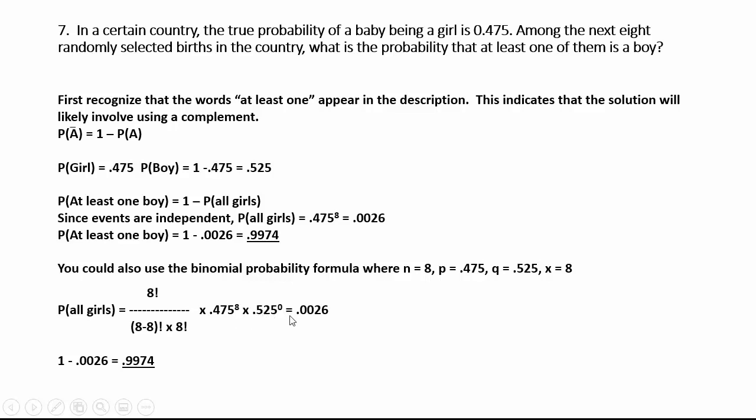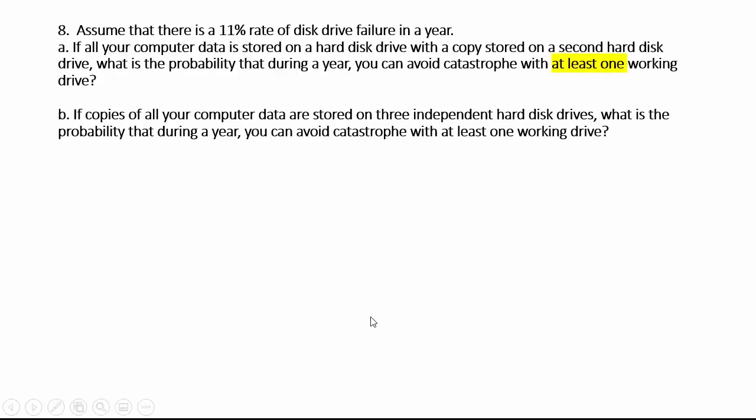If you multiply that out, you get 0.0026. So either way, when we subtract out that 0.0026, we get 0.9974. So that's just showing you two ways how the binomial works. And with that binomial formula, just remember that the first part is all about calculating the number of combinations you need. I'm going to show you that a little later.